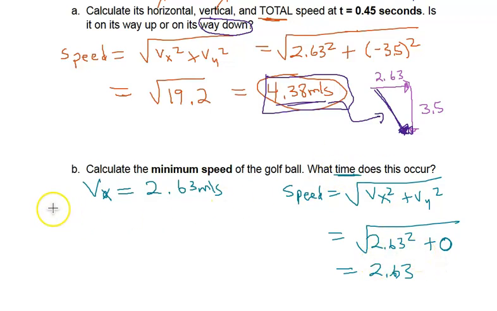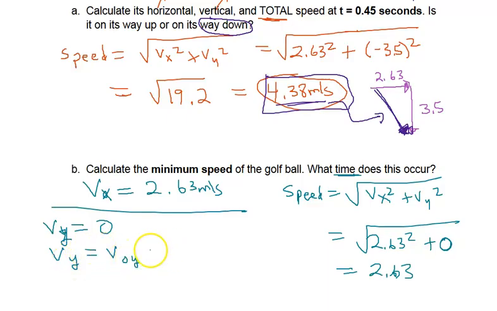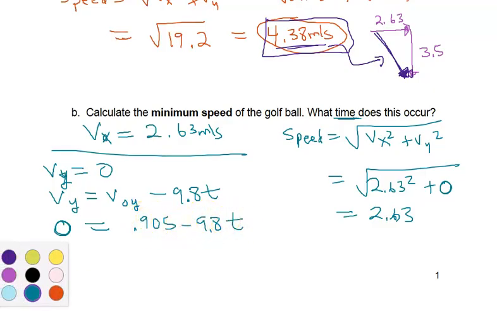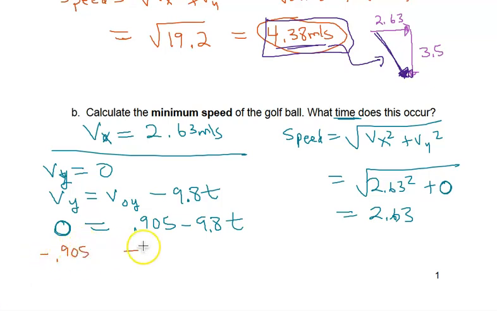Okay, so what time does this occur? That occurs when Vy is 0. So Vy is my initial speed minus 9.8 t, because my velocity function is always linear. We want to set that equal to 0. It had an initial speed of 0.905 minus 9.8 t. We're going to subtract 0.905 from both sides.